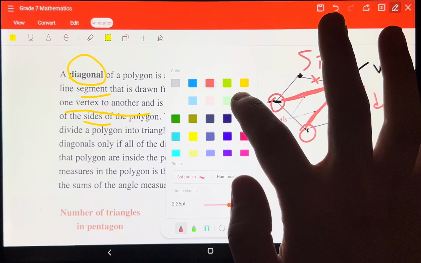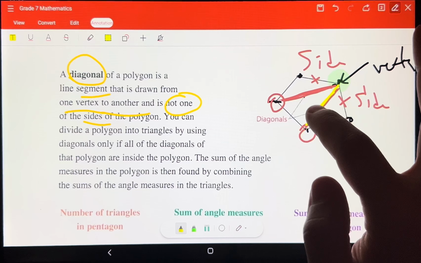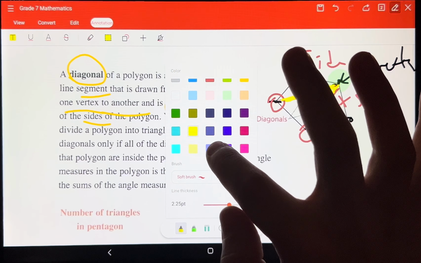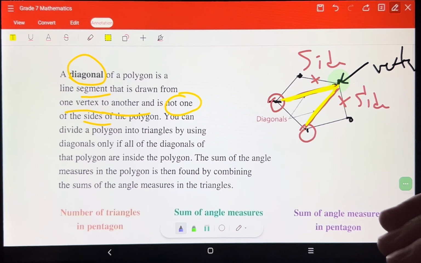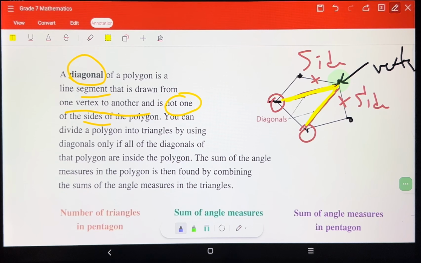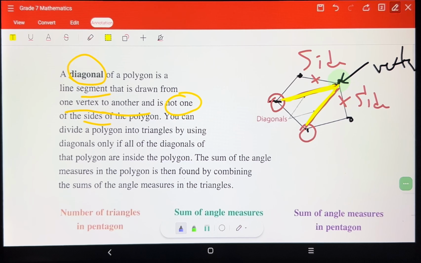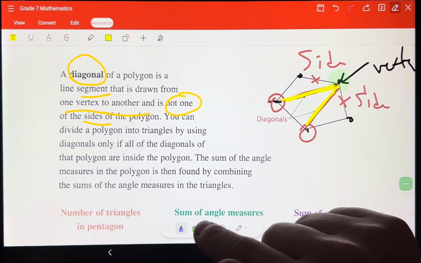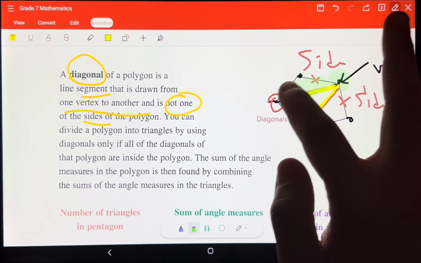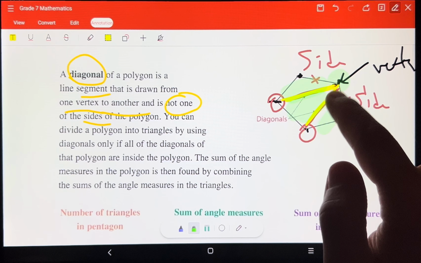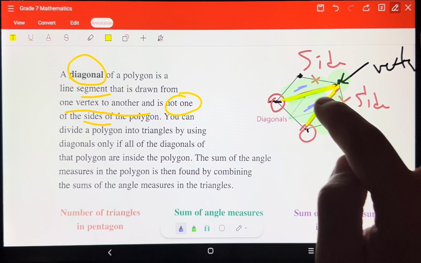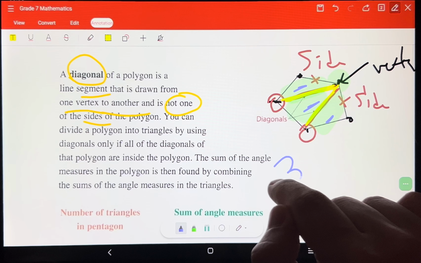My work is not with the diagonal itself. I'm using the diagonals to create triangles. I start counting how many triangles I've got: 1, 2, 3. I've got 3 triangles.